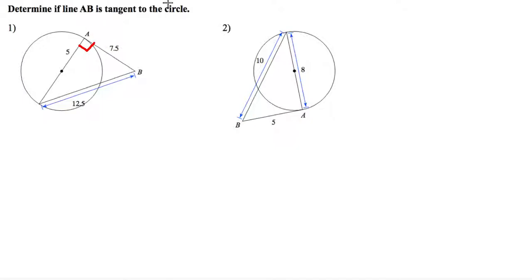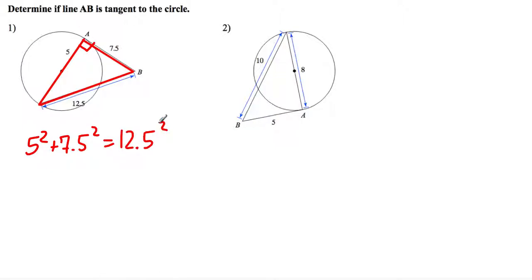So what we have effectively is a nice little right triangle, or we should if this is a tangent. So we square the legs: 5 squared plus 7.5 squared equals 12.5 squared. That should be the case if this is a right triangle, and it should be the case if this line AB is a tangent.